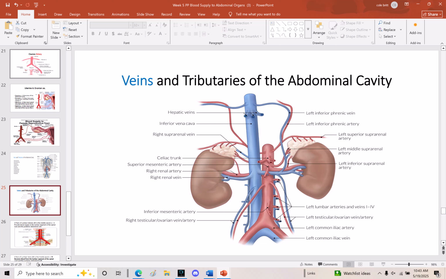Especially if you have something in the large intestine, a pathogen, including cancer, these lymph nodes up here will pick up those bad cells, and they will become inflamed. If you have a cancer in the abdomen, these nodes will become really hard.